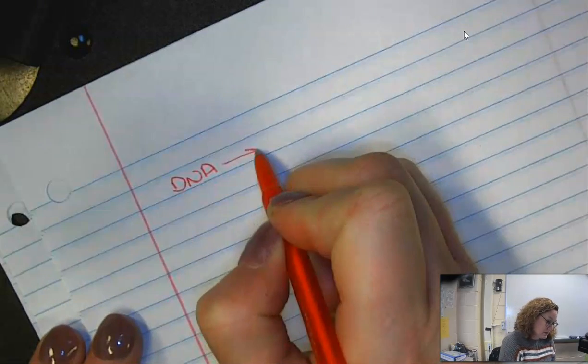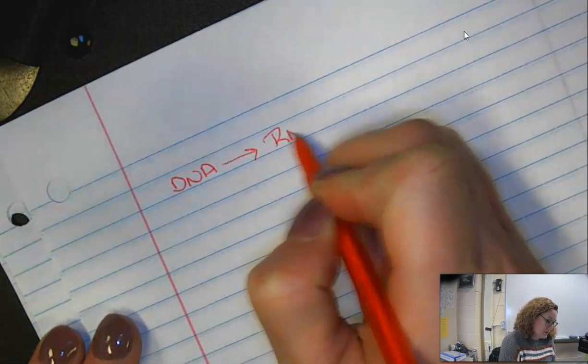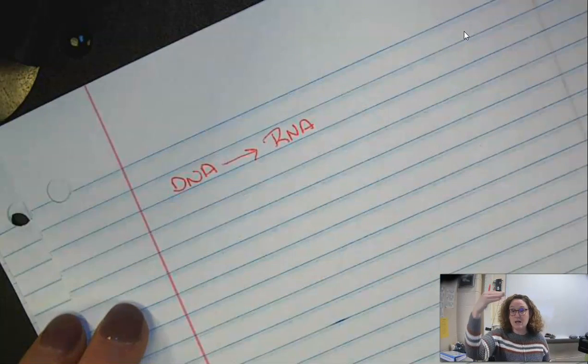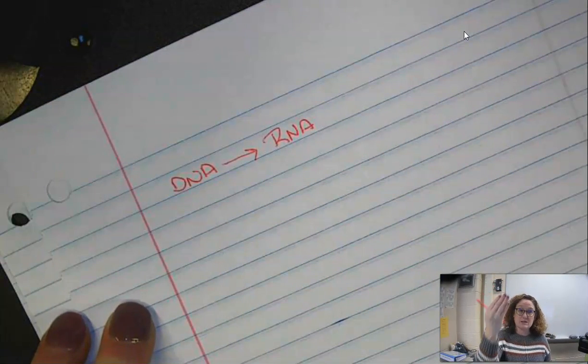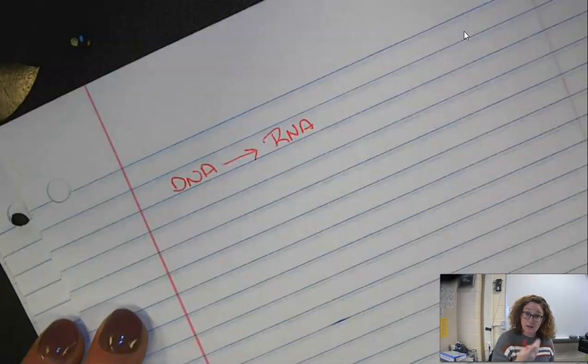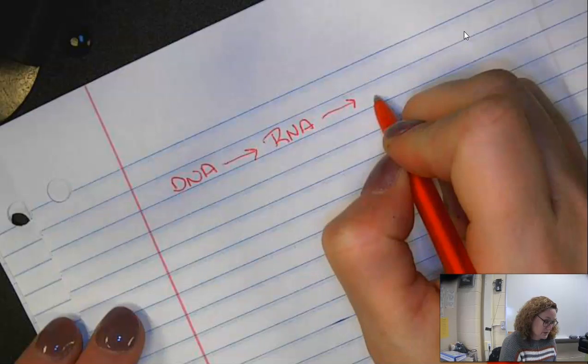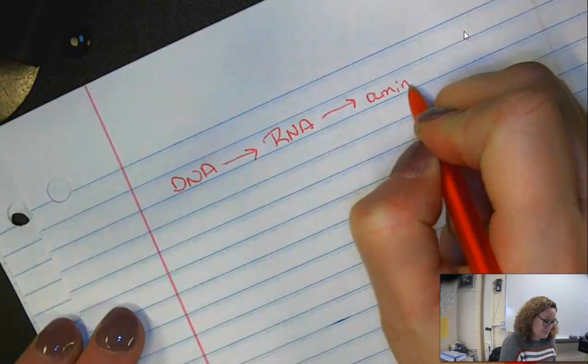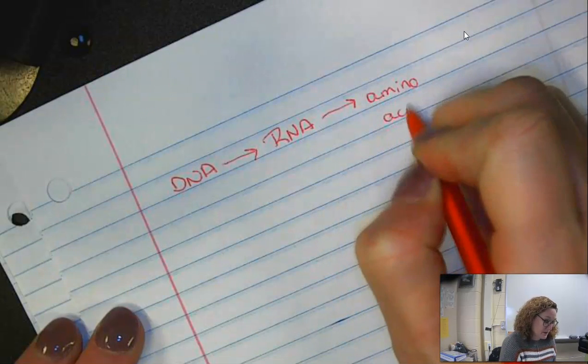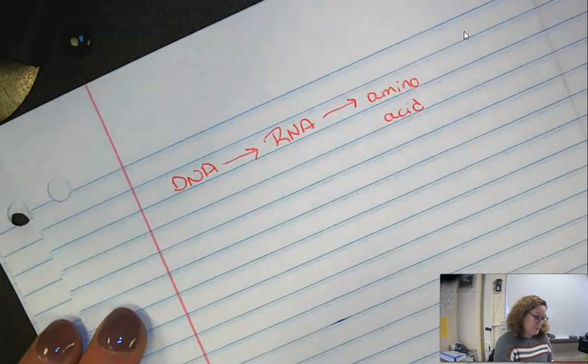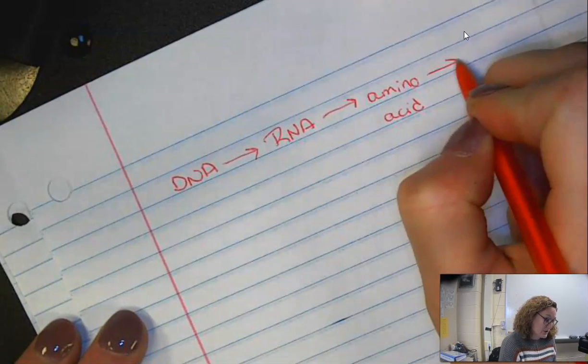And then from your DNA, you determined RNA by saying that A bonded to U, G bonded to C, C bonded to G, T bonded to A, etc. And then you used that RNA to determine an amino acid. And we'll talk about amino acids a little bit more tomorrow. And then eventually you got your trait.